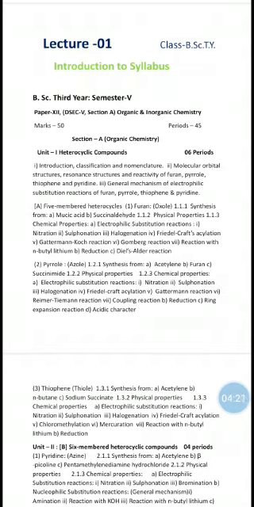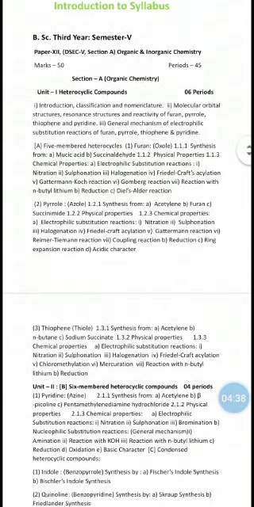These compounds have been divided based on their number of rings. It includes 5-membered rings, 6-membered rings, fused heterocycles.